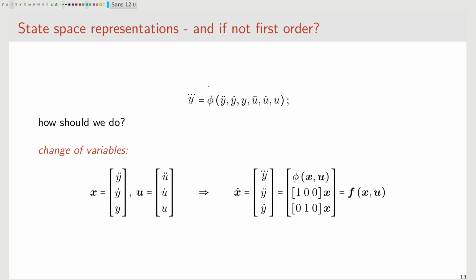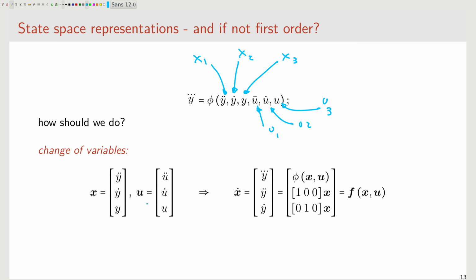That means we take the stuff inside here and we call this x1, this x2, this x3, this u1, this u2, this u3. And then we write down something that looks like this.